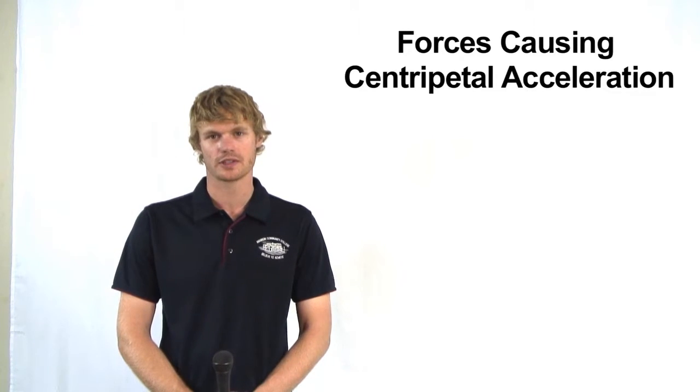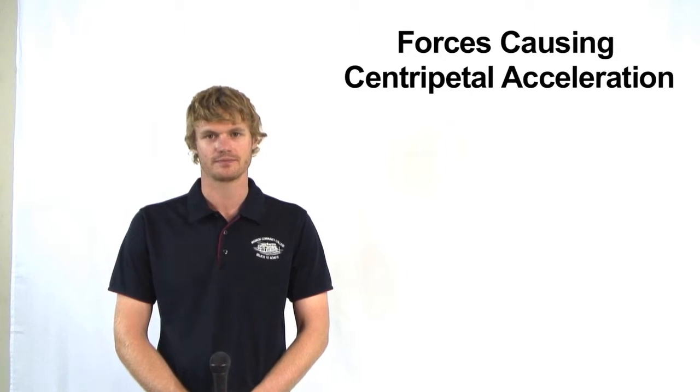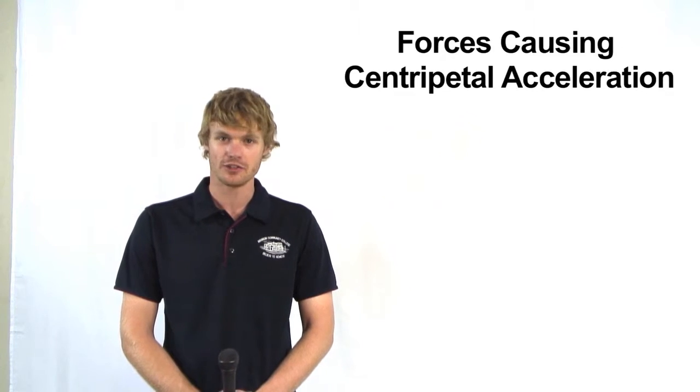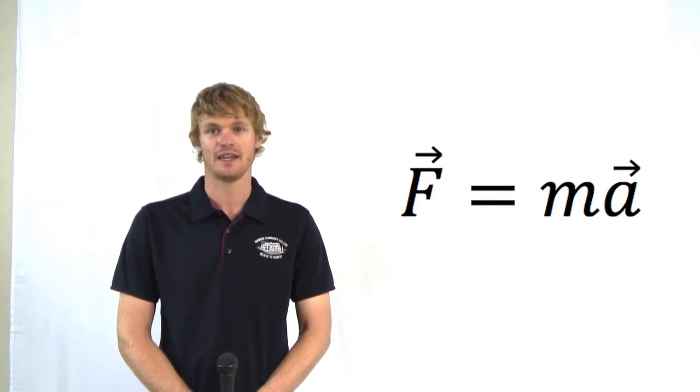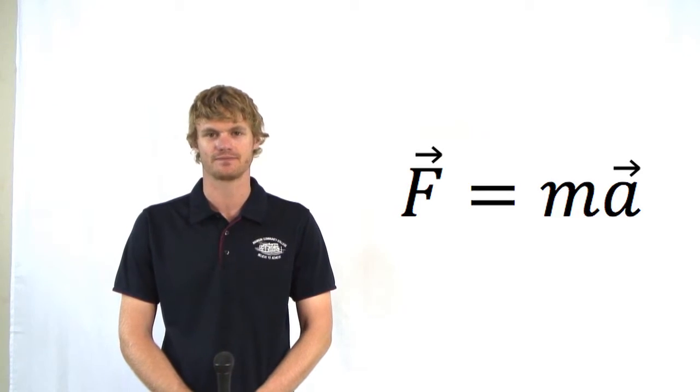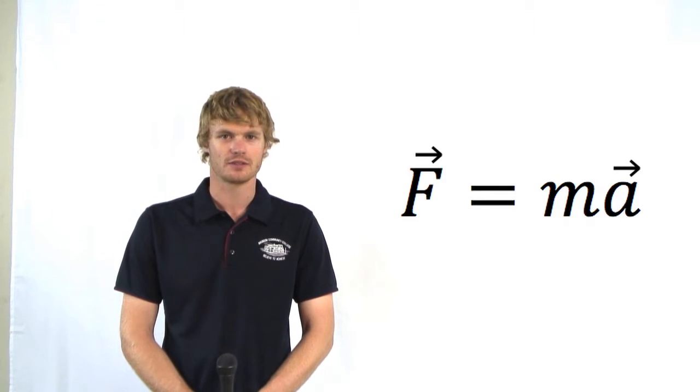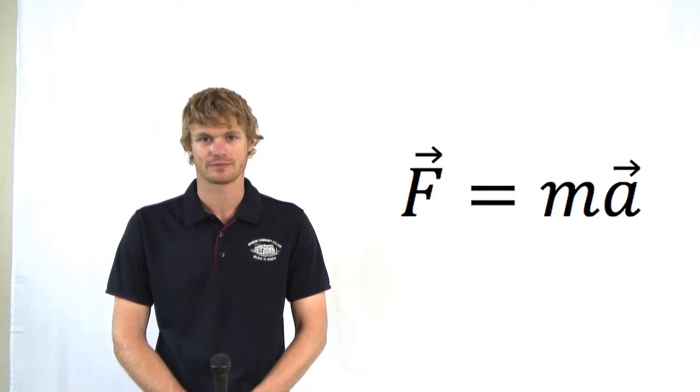So how does a force cause this acceleration? If we look at Newton's second law of motion, we see there's a directly proportional relationship between the F and the a, so the force and the acceleration. If we have a force, we cause an acceleration.